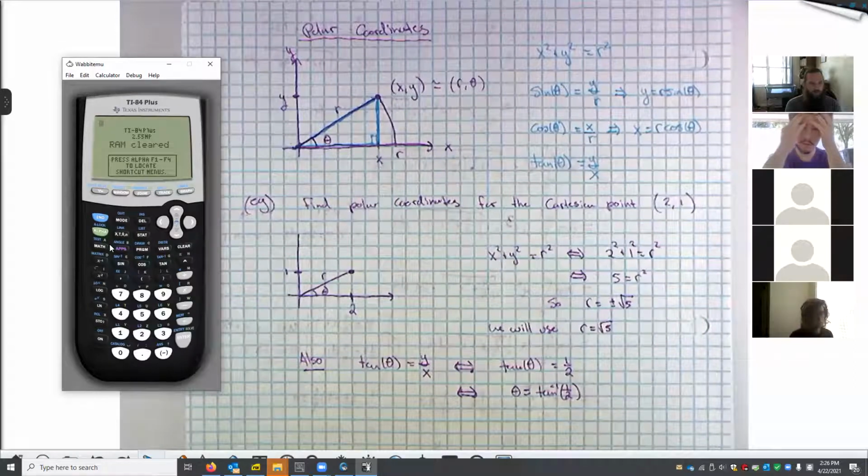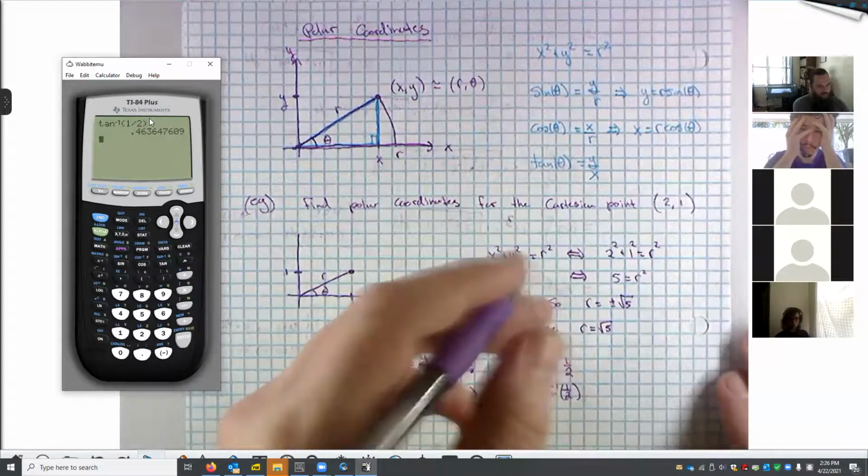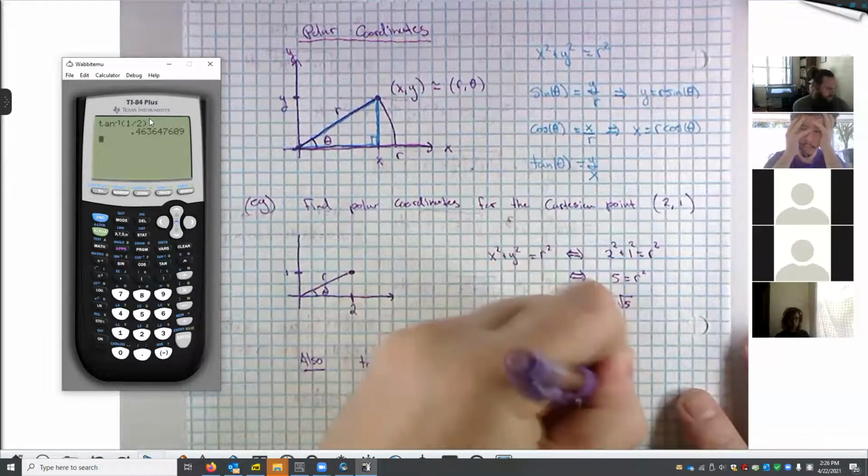If I ask for the inverse tangent of 1/2, my calculator is currently in radian mode, so this is about 0.464 radians.